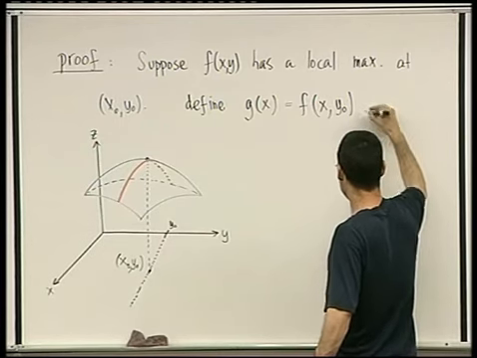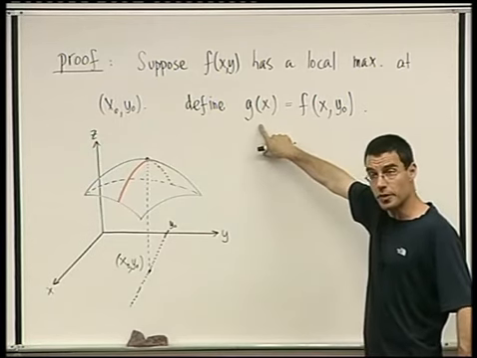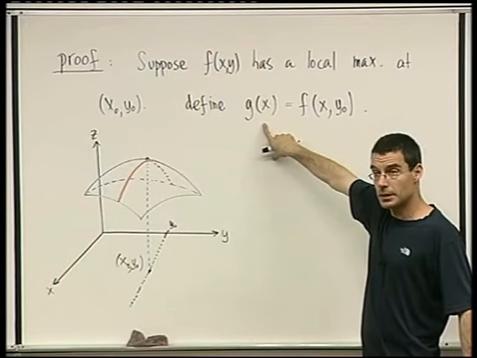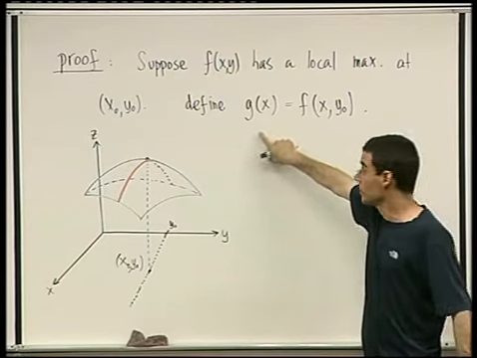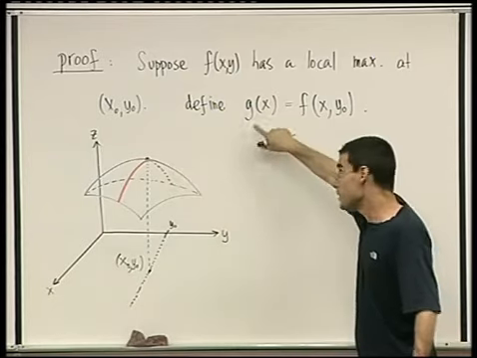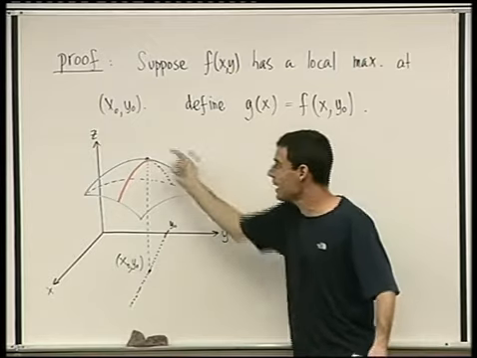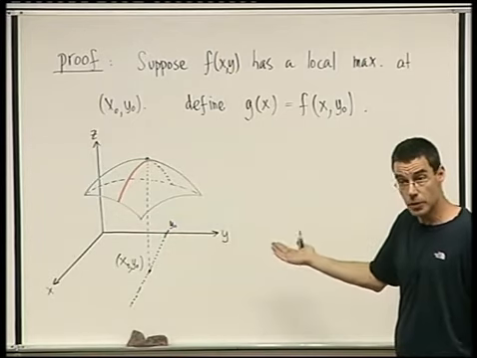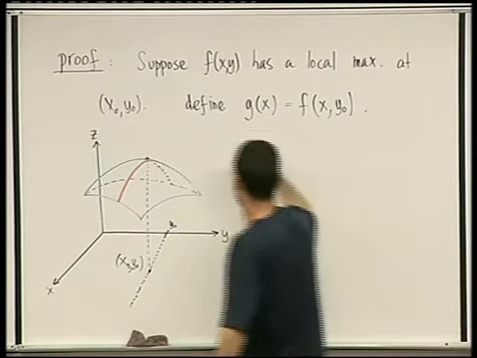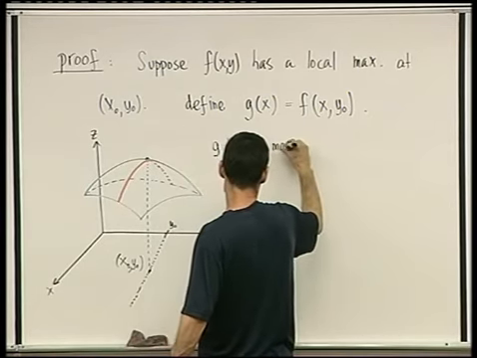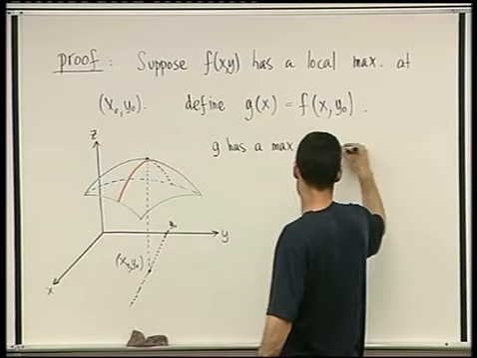What do I know about g? g is a single variable function, and where does it have a maximum? At x0. It's a function only of x, and when x equals x0, it has a maximum. Do you agree? So g has a maximum at x0.